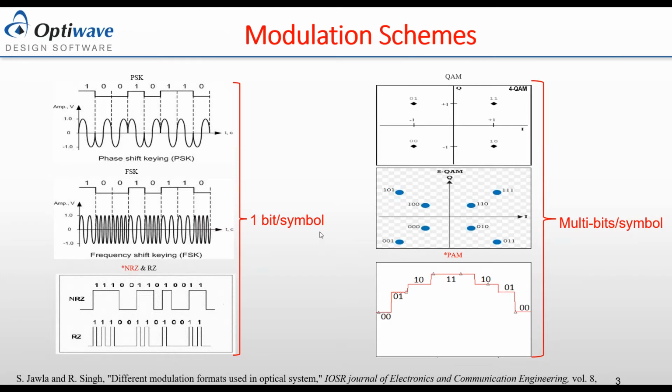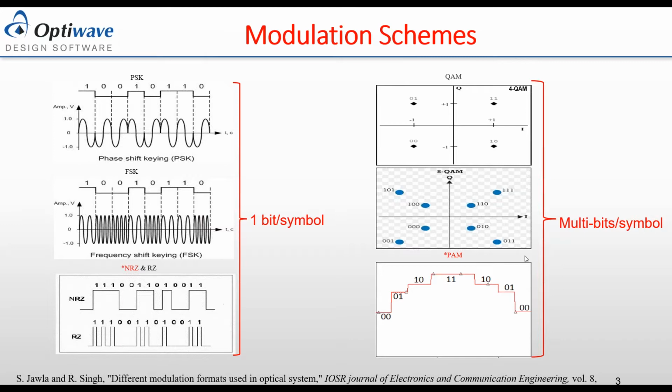On the contrary, we could also go for something like QAM, quadrature amplitude modulation, and 8 QAM, which combine different phases and amplitudes to have 2 or more bits per symbol. They have some complexity, since you have to modulate both the amplitude and phase.